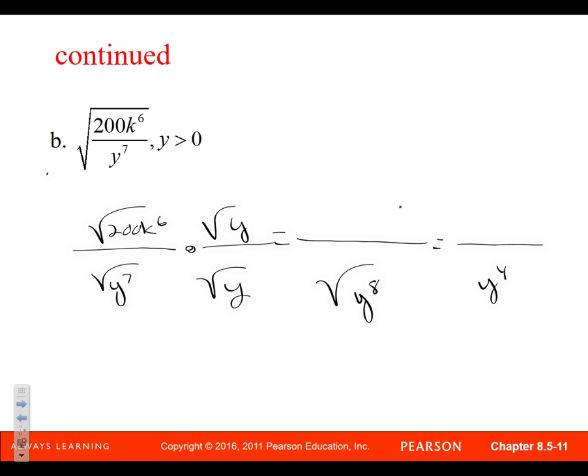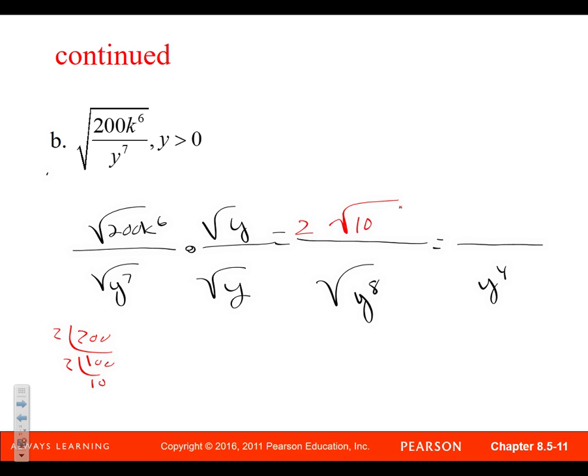200. I'm going to have to break 200 down. 200 is going to be 100 times 2, times 10. That's pretty much it, isn't it? Because if I do that, that's going to give me 25. So this is going to give me 2 square root of 10 inside. And then 6 divided by 2 gives me 3, doesn't it?